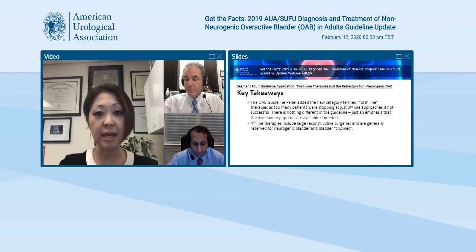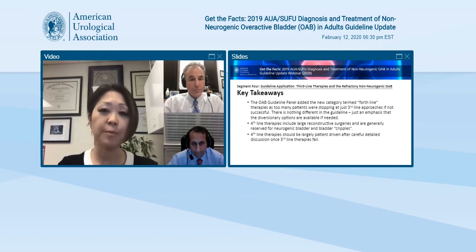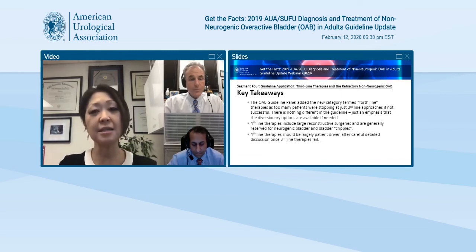I think that we really should reserve it for patients who are at the end of the line, really very tough sort of bladder cripples, patients who are not responding to anything and are really having a huge impact on their quality of life. But that has to be only after first, second, and third line therapies have failed, and with very careful and detailed counseling of the patients to discuss the risks, benefits, and alternatives.